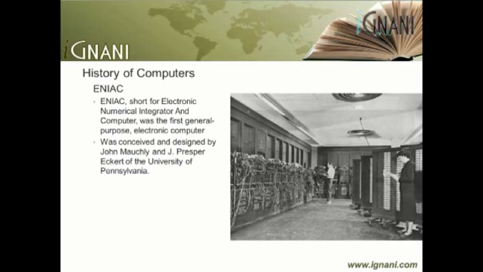The construction work started secretly at the University of Pennsylvania's Moore School of Electrical Engineering in July 1943 under the code name Project PX. It was completed in February 1946 and had cost $500,000.